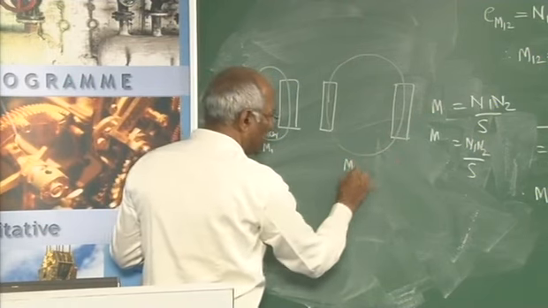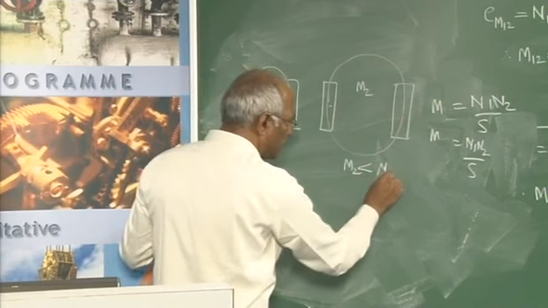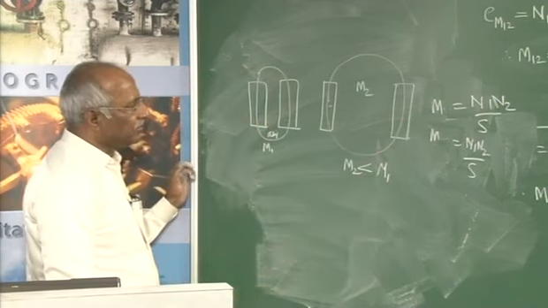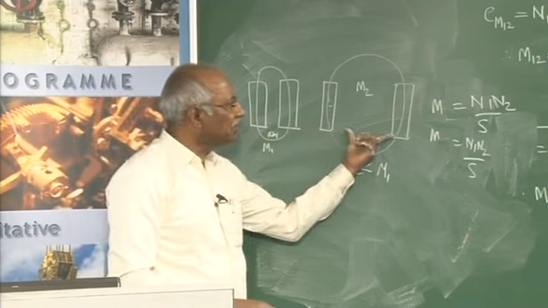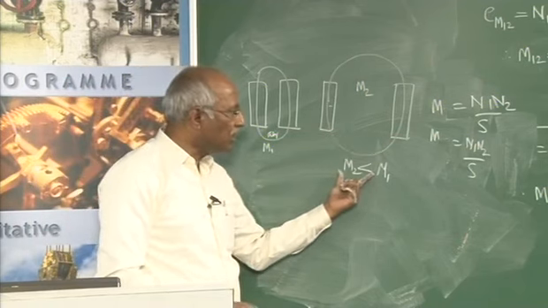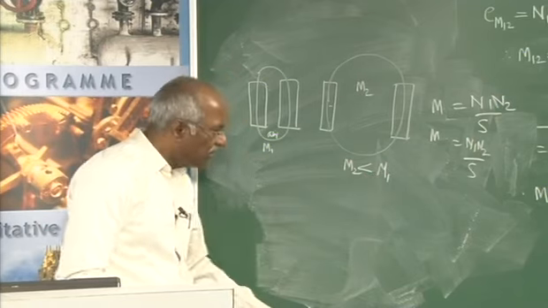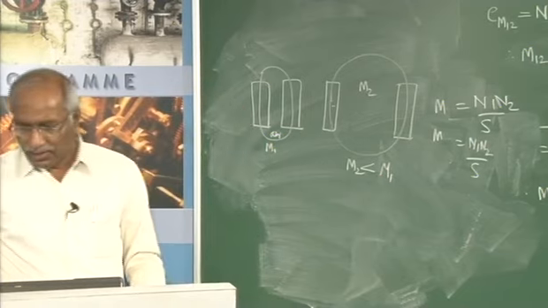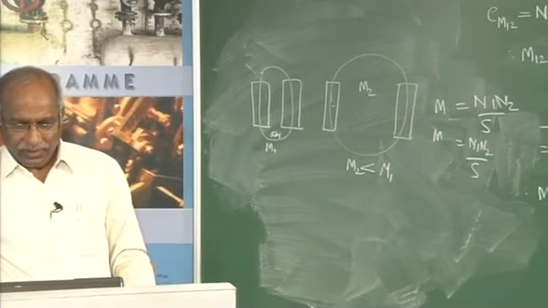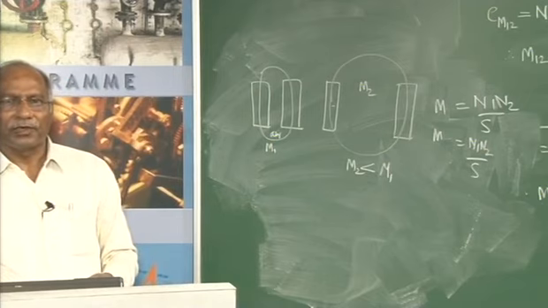Now, if I call this mutual inductance between the two M2, it will be less than M1. As the distance goes on increasing, the flux linkage goes on decreasing, or the coefficient of coupling goes on getting reduced. So, these are the details that I have just explained.